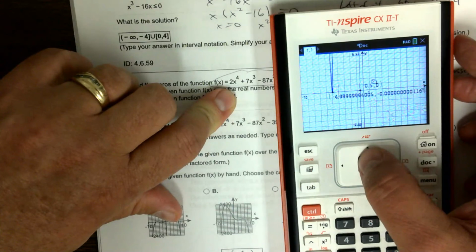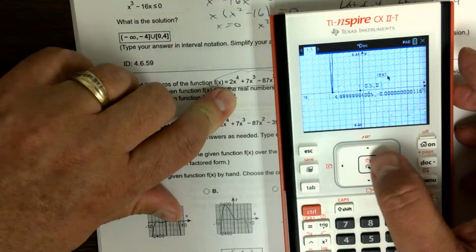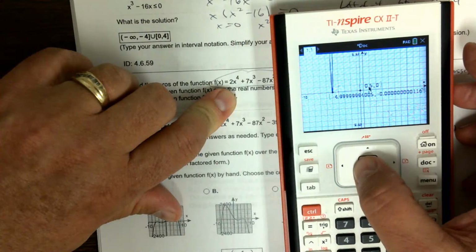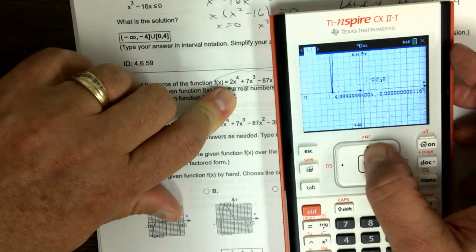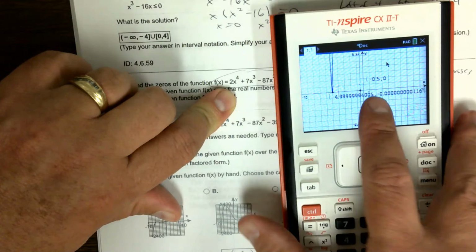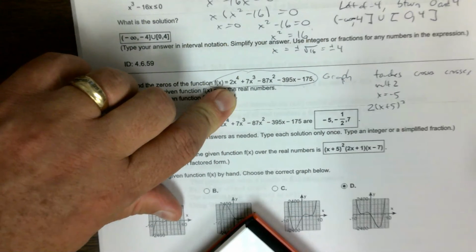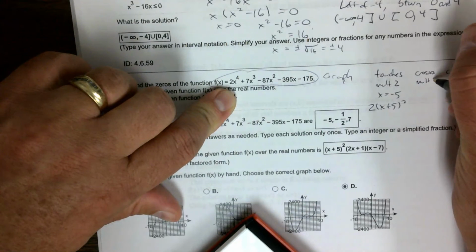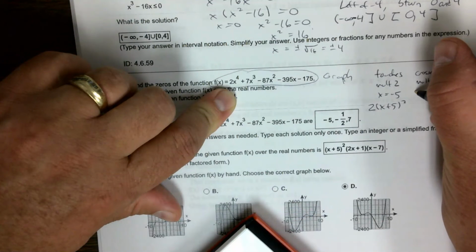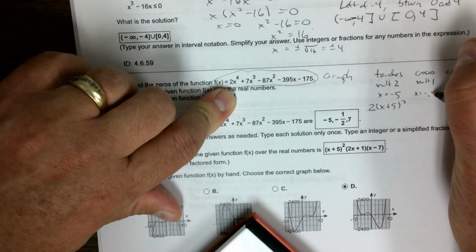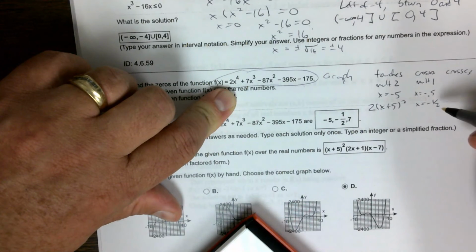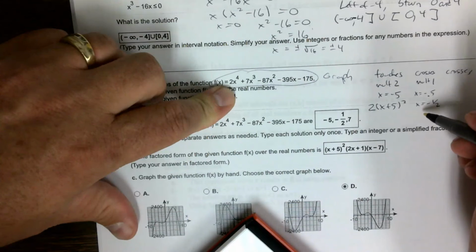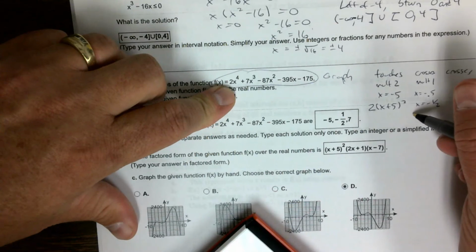This one is negative 0.5 comma 0. So that part's multiplicity 1. x equals negative 0.5, or you could say x equals negative 1/2. Now when we factor that, we would say 2x plus 1.